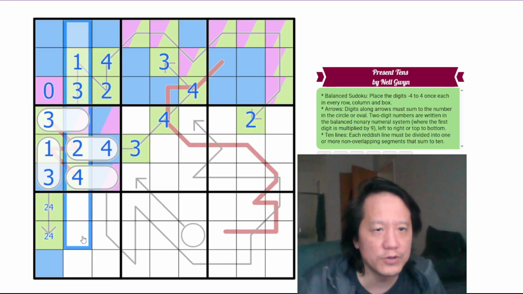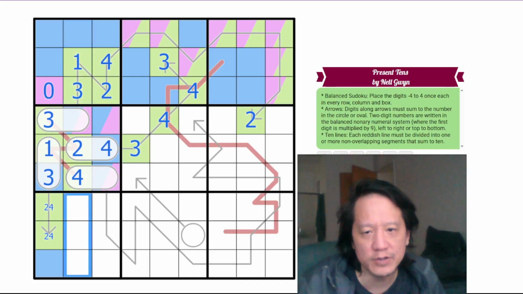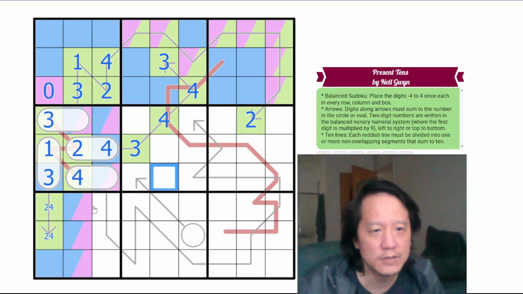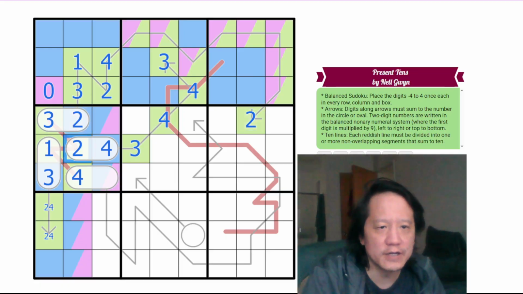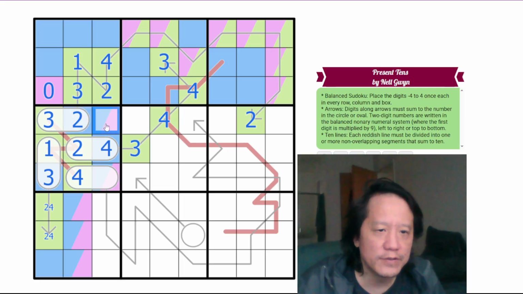We have all the greens in column 2, so these can't be green, so these are blue or pink. This has to be negative 2 here. So this is negative 2 there. Therefore, we're guaranteed a 0 here.